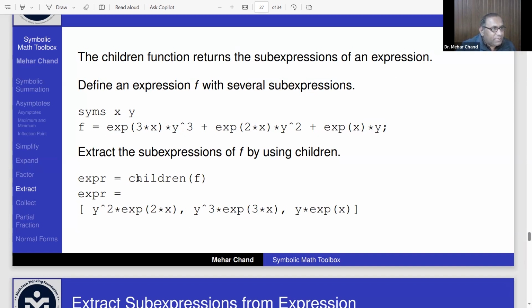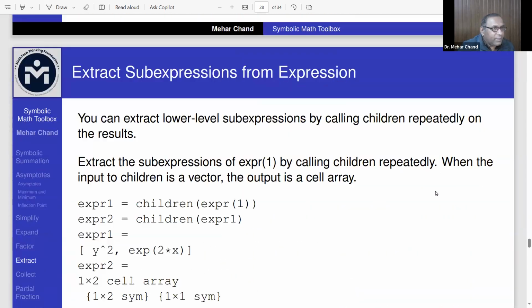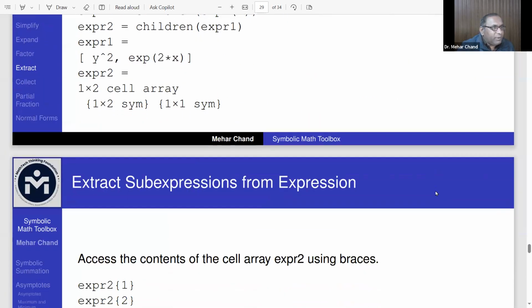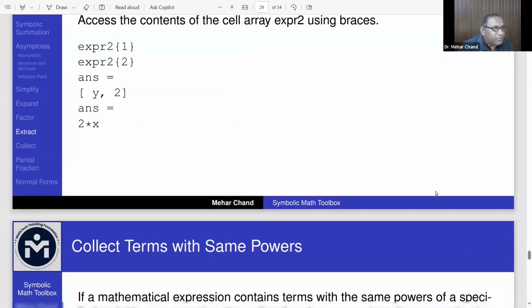When you use the children function, this will return all the sub functions, and you can see this is the first expression. This is one part of this one, and this is one part of the same. So this will divide into the sub parts, sub expressions, and you can manipulate for different types of use.